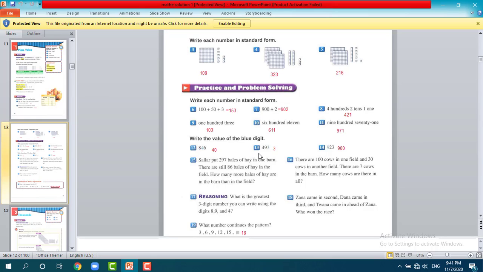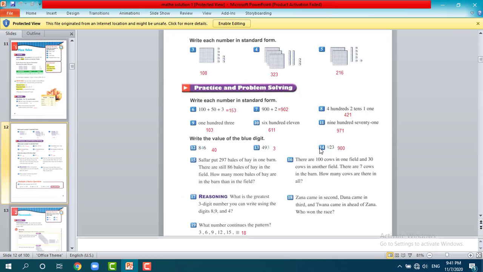In equation 13, it says 493. 3 is blue. Then we write 3 alone because 3 is ones.